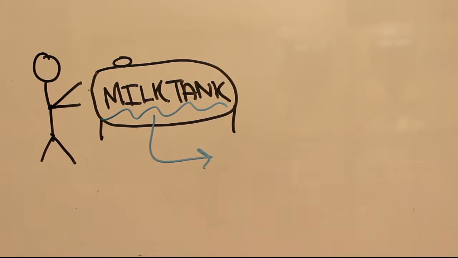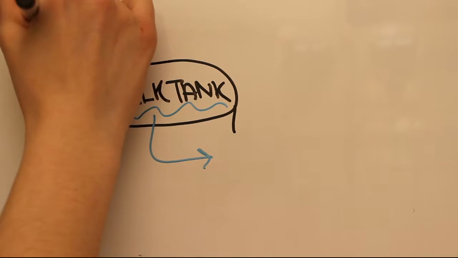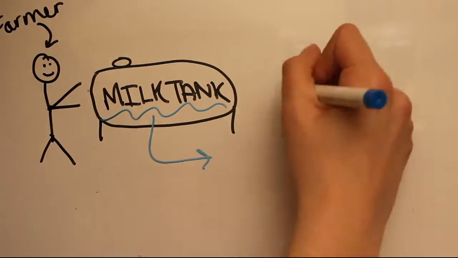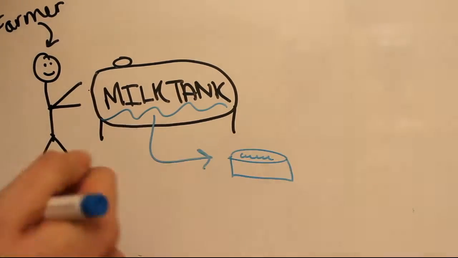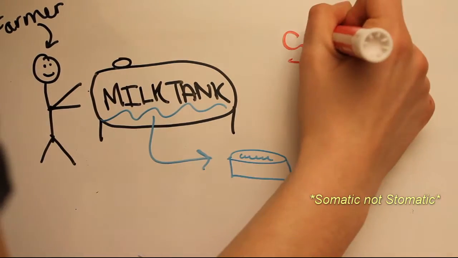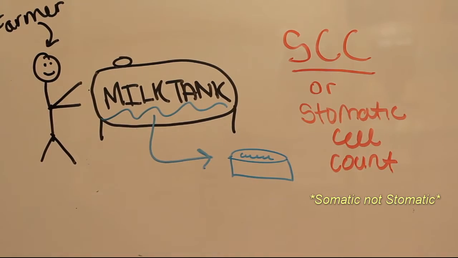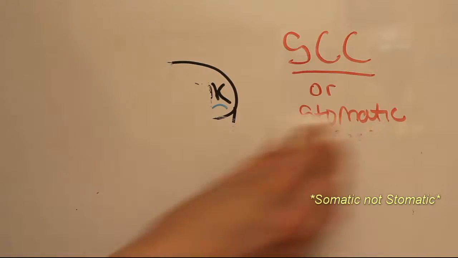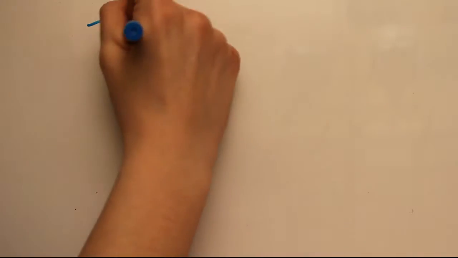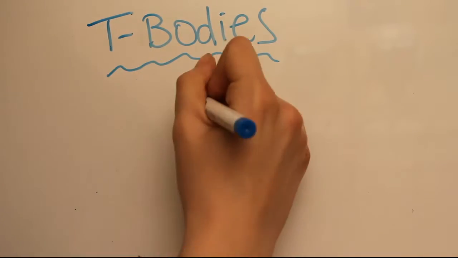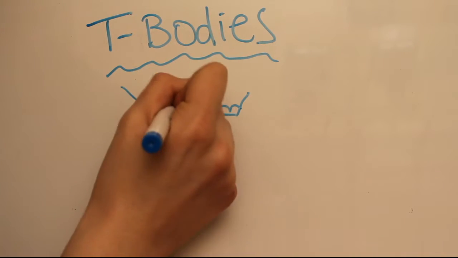And what he will do is he will take a somatic cell count. What a somatic cell count tells you is the amount of immune cells that are being produced by the cows that are being expelled through the milk. And this can tell you how much infection there is going on in the cows.